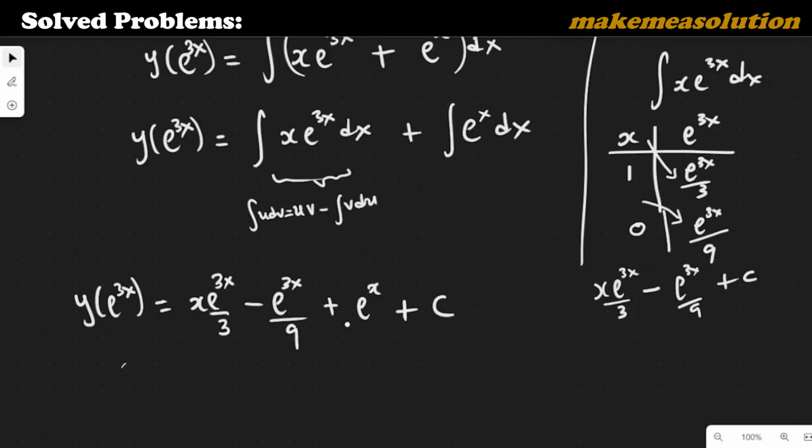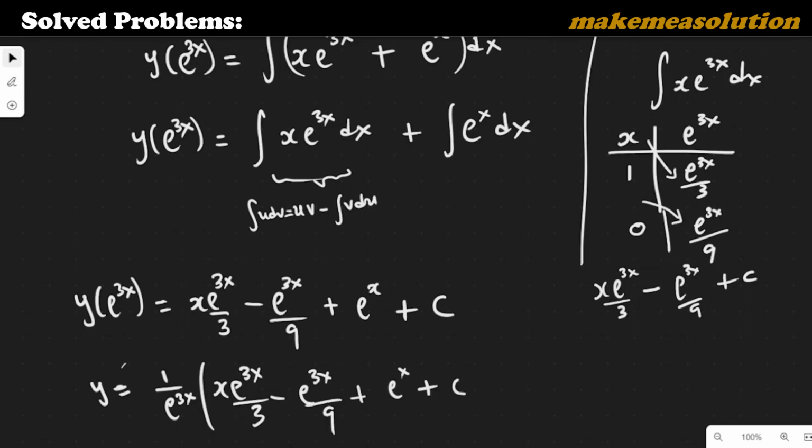So at the end of the day, you're now going to divide through by exponential 3x to get y. So dividing through by exponential 3x, you have 1 over exponential 3x on x exponential 3x over 3 minus exponential 3x over 9 plus exponential x plus c.